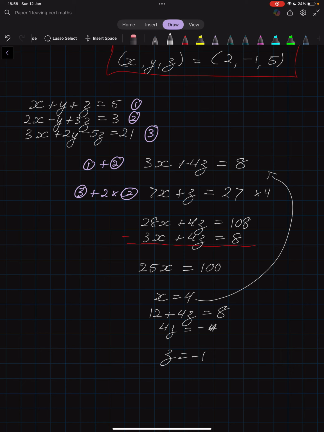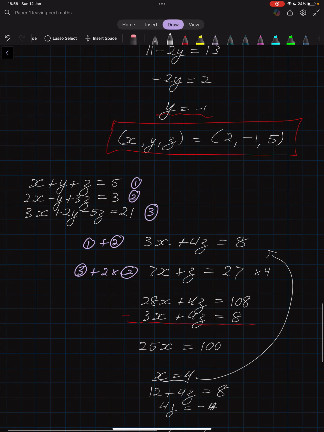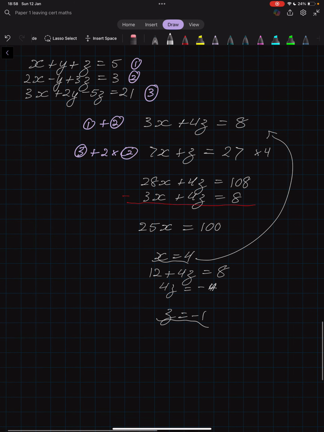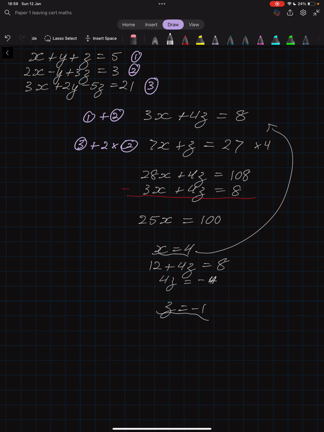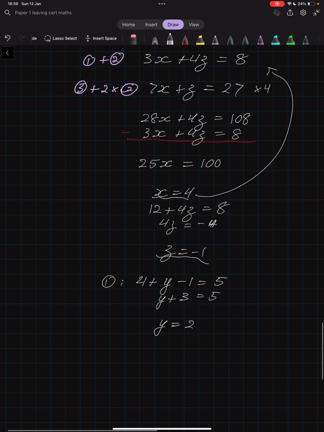So back into equation 1, we get 4 plus y minus 1 equals 5, so y plus 3 equals 5, so y equals 2. So your point for your answer is again x, which is 4, 2, minus 1. Okay?